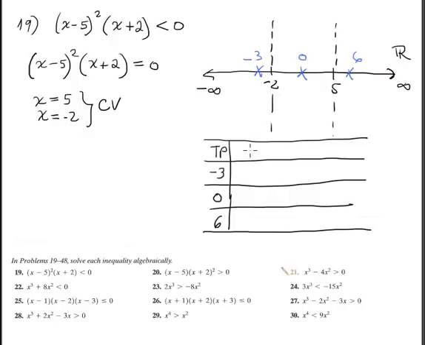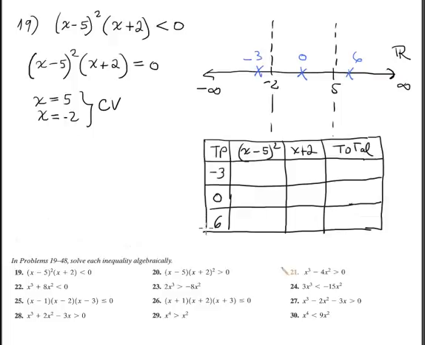And in the column you put each factor, because (x minus 5) squared, x plus 2, and the total sign. And you evaluate this point in each factor.